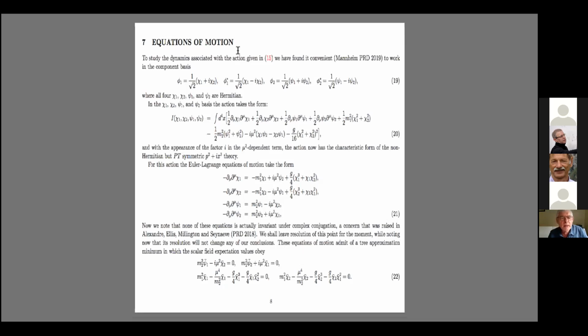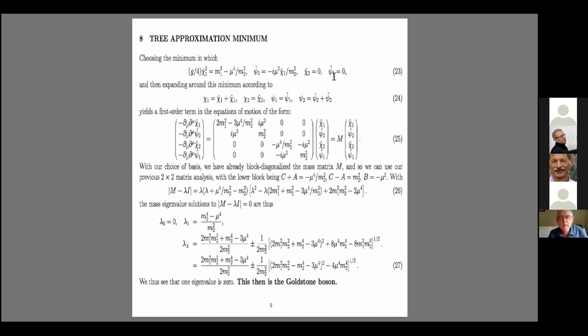Now we take this minimum that we've just introduced, we expand about it with the hat symbol, that's the fluctuation, and then we find that the fluctuations obey this mass matrix. Now, the nice thing about this is it's automatically block diagonal, namely by choosing the component basis, we have block diagonalized the mass matrix right away.